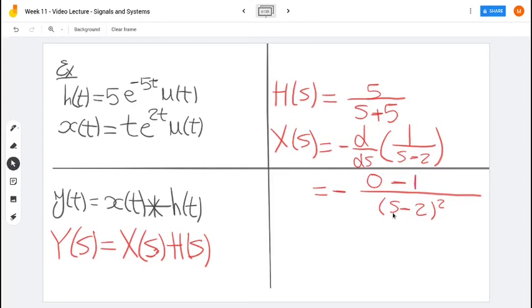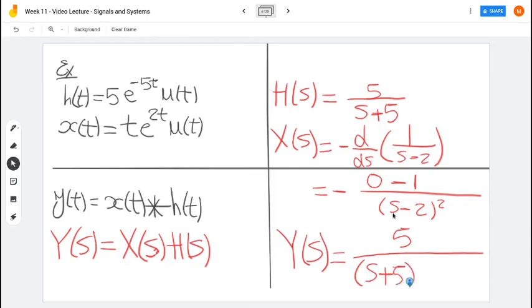So now we can compute y of s very easily as the multiplication of x of s and h of s. So it will be 5 over s plus 5. This is basically h of s times x of s, which will be positive 1 over s minus 2 all squared.